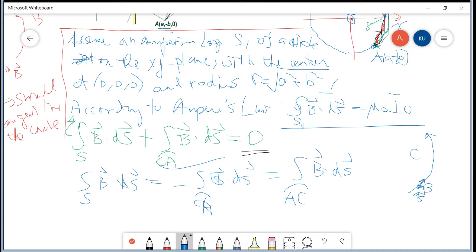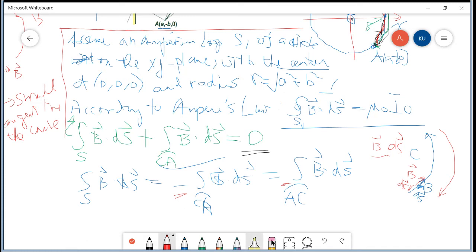But when you go backward, we still have B in the same direction, because you actually integrate the same vector field. However, in this case, ds should be in the opposite direction, which means that if your integration is going backward, then you should multiply by -1.